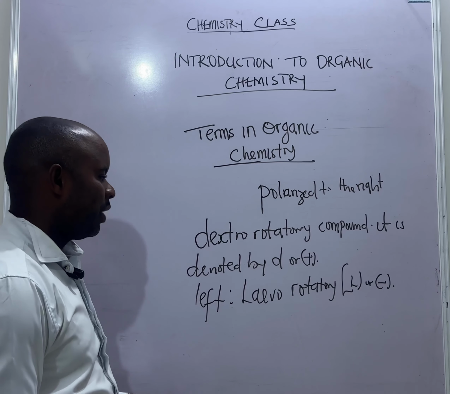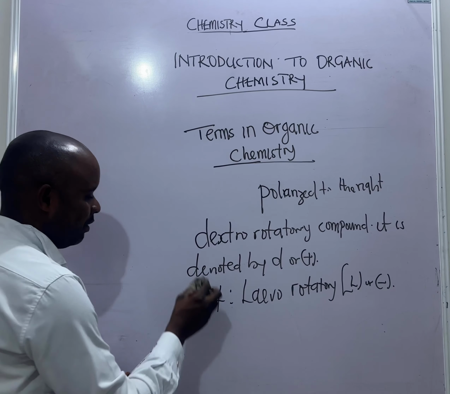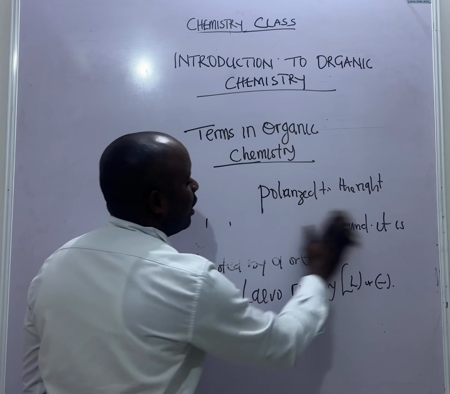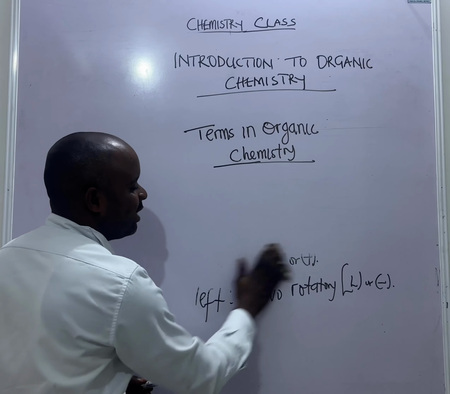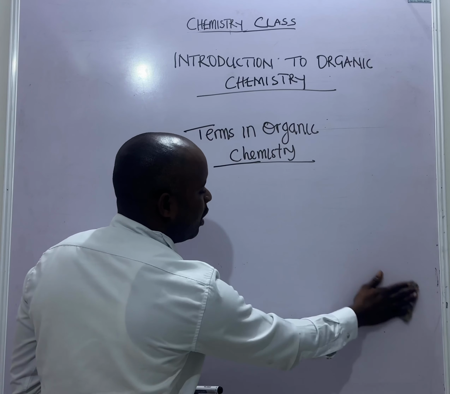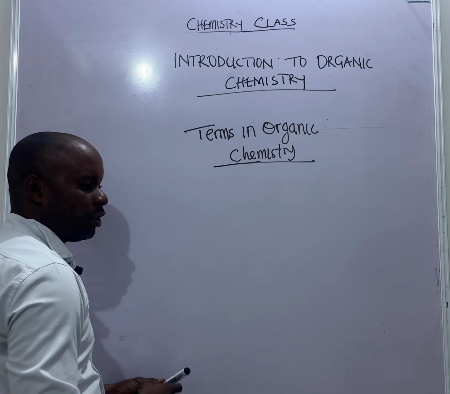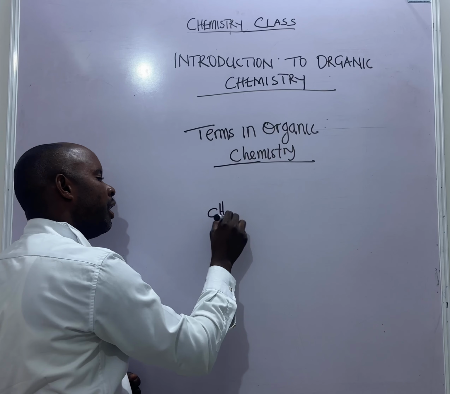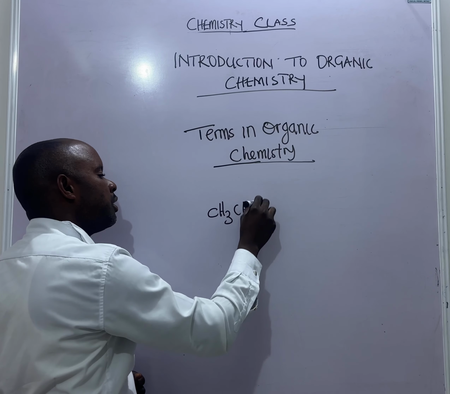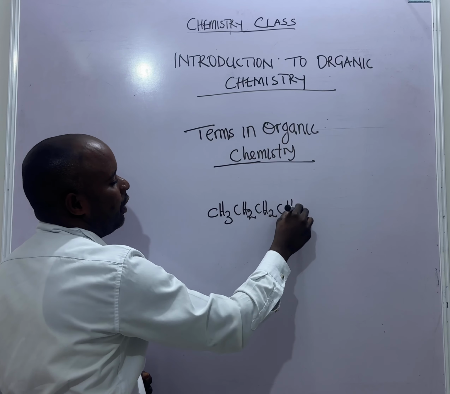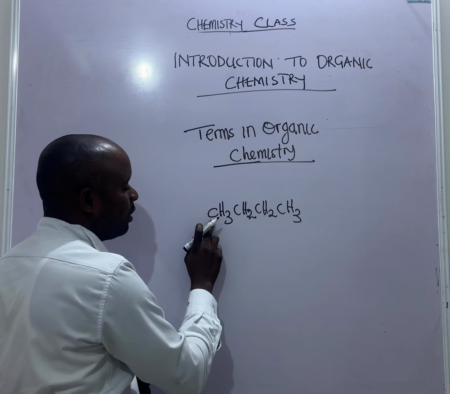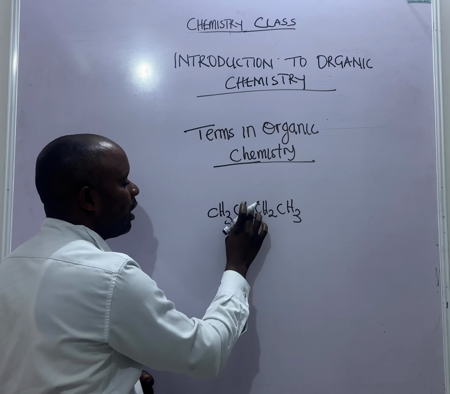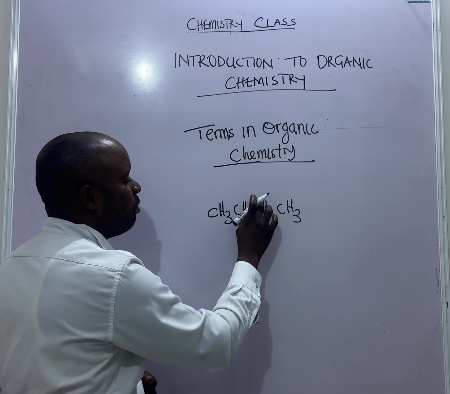So we have achieved most of the points today. Let's talk about the structural formula. What is a structural formula? A structural formula is the arrangement of the molecular formula in a structural way so that we can show each of the bonds present in an organic compound. Let's say we have CH3, CH2, CH2, CH3. To get a structural formula, we want to show how the hydrogen and carbon-to-carbon bonds are arranged.